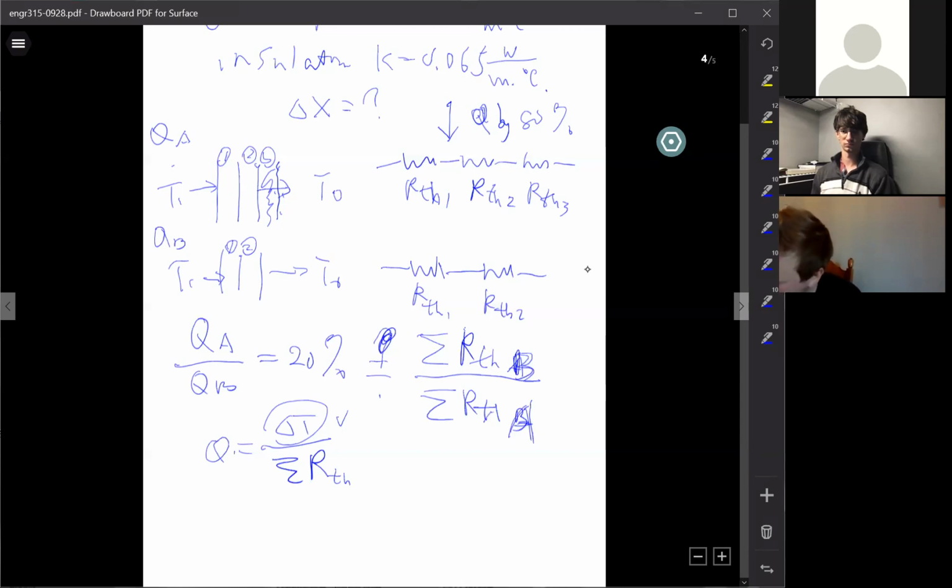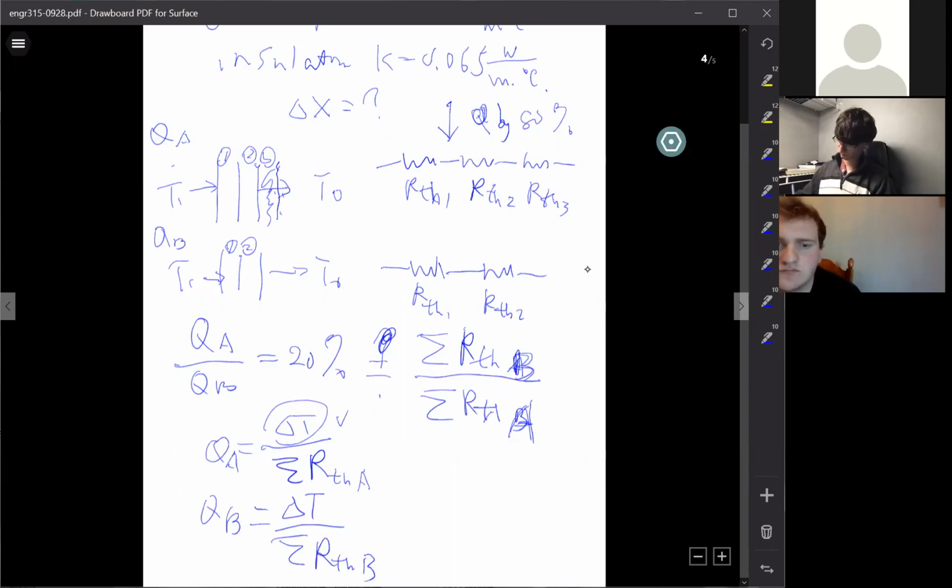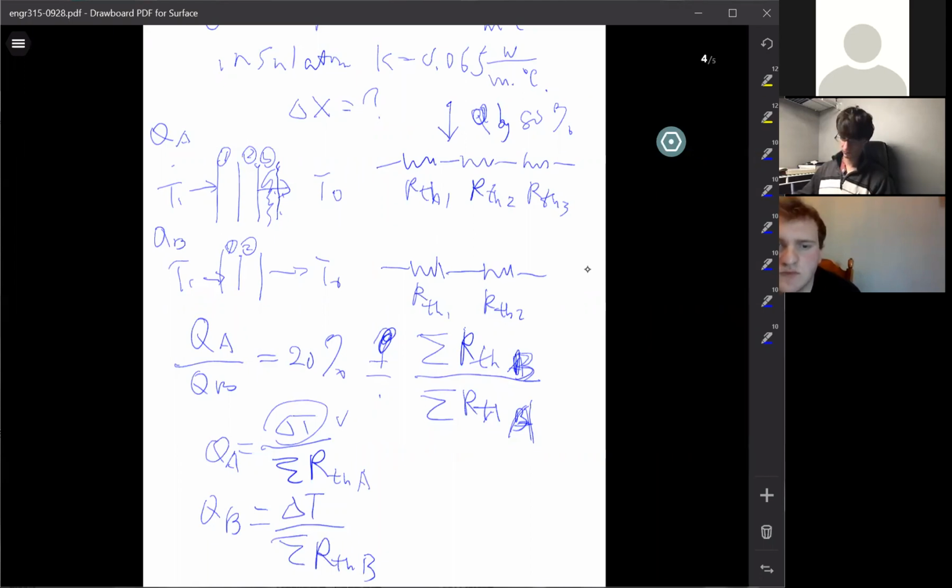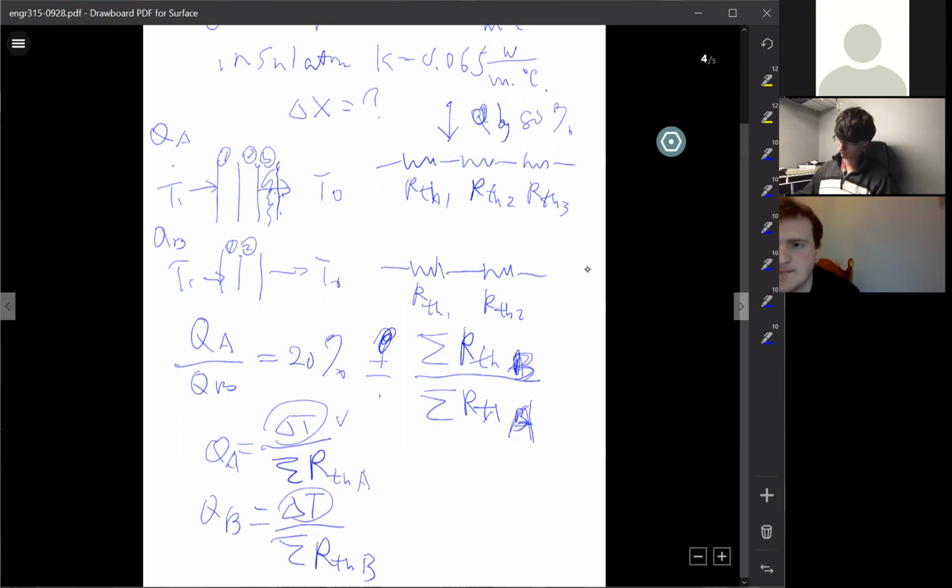If you don't see this, I can write both equations down here: the same delta T over summation of R theta B. So if delta T is the same, QA over QB is 20%, then RTHB over RTHA should be 20%, right? So they are equal.